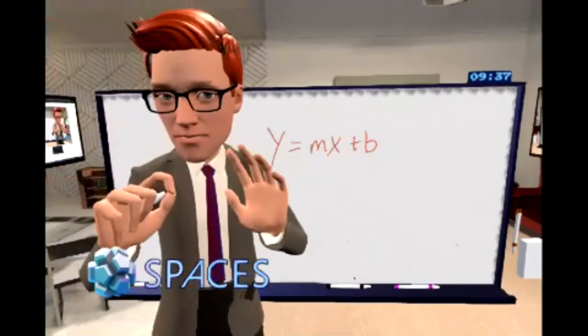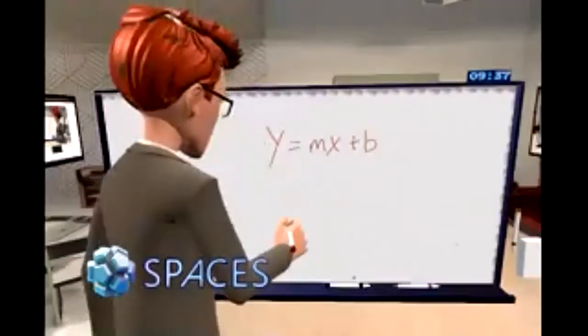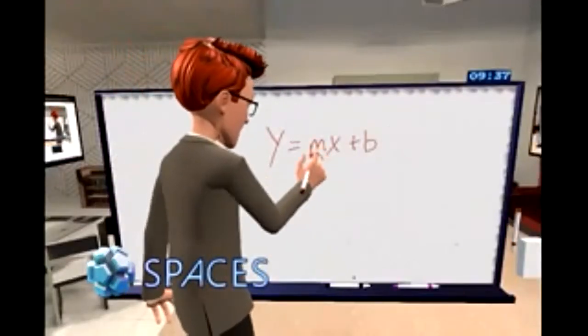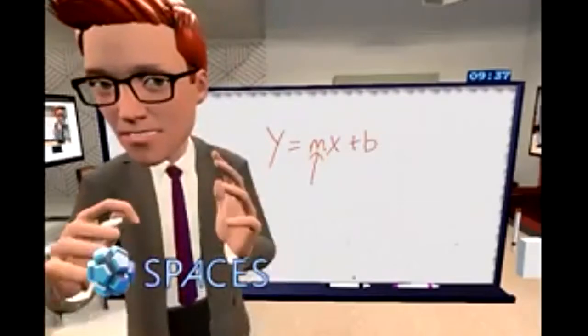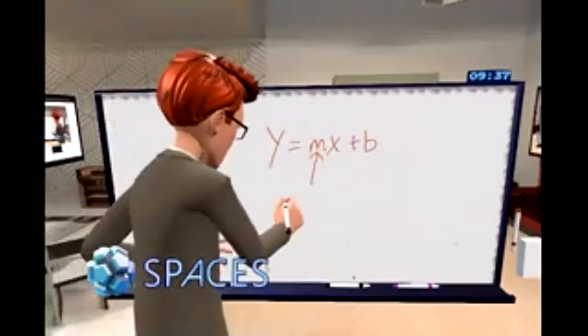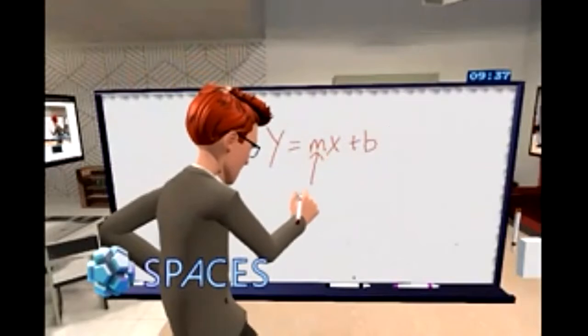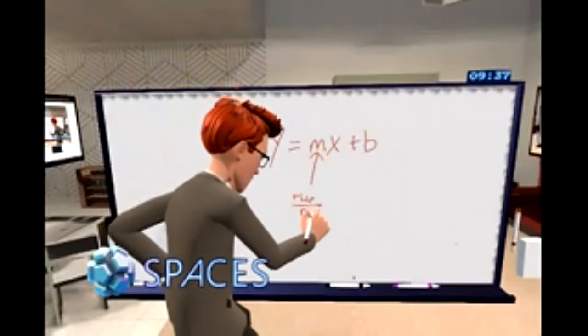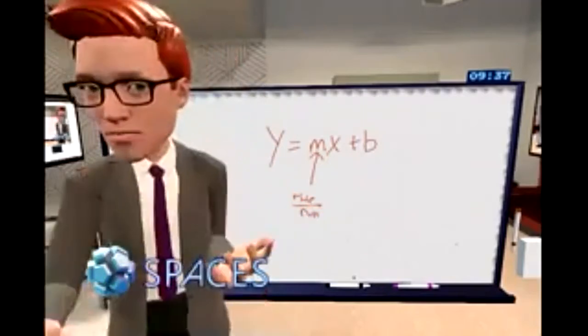And now the slope of a linear function is determined by the coefficient on x. So this m, this number in front of x, determines the rise over the run. Rise over run, we think of as kind of like a staircase.